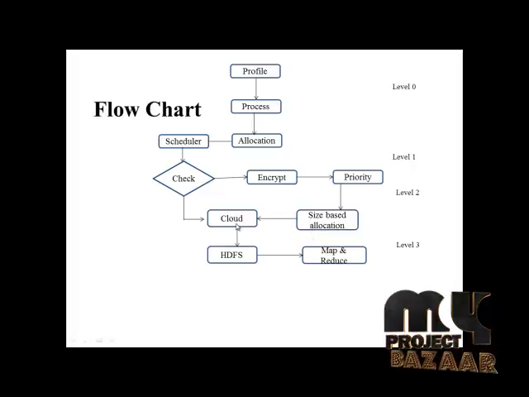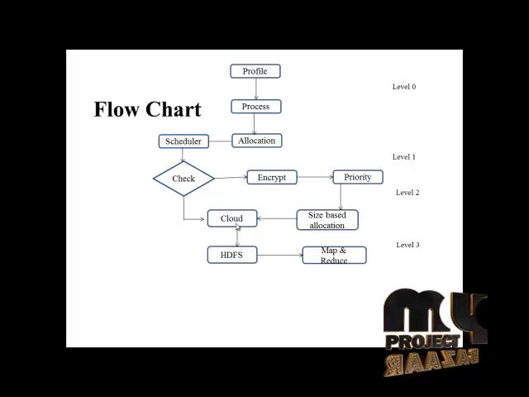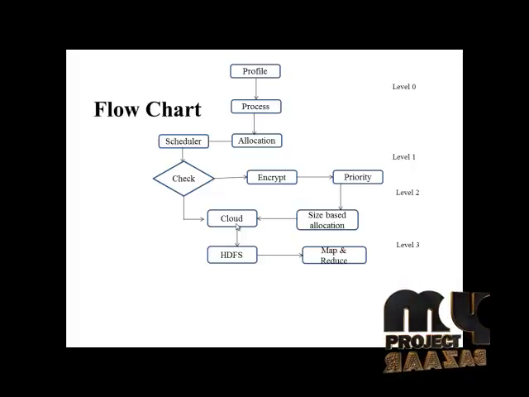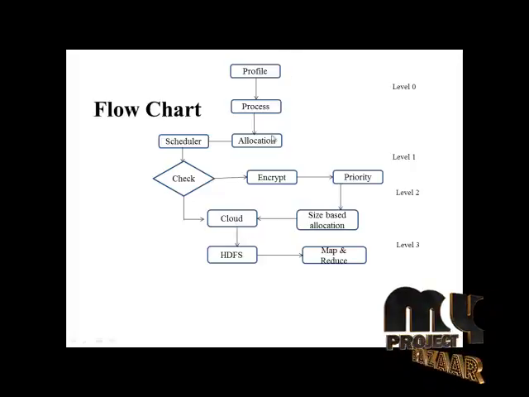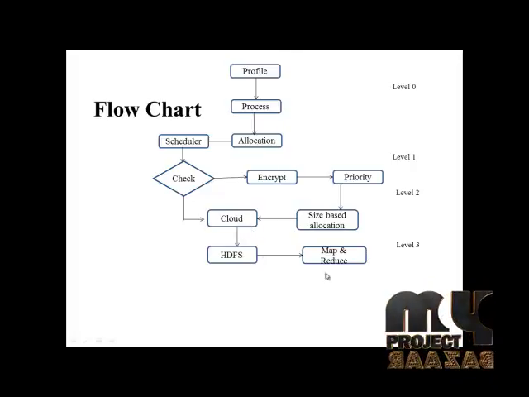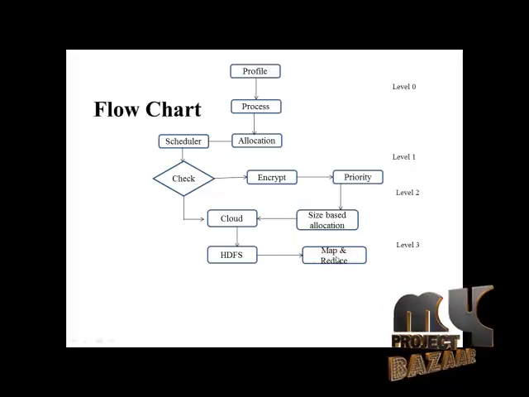After the data is stored on the cloud server, at the same time the particular job is stored on the HDFS, the Hadoop distributed file system. So the data is stored on the cloud server and the Hadoop file server at the same time, and then checked for mapping and reducing.